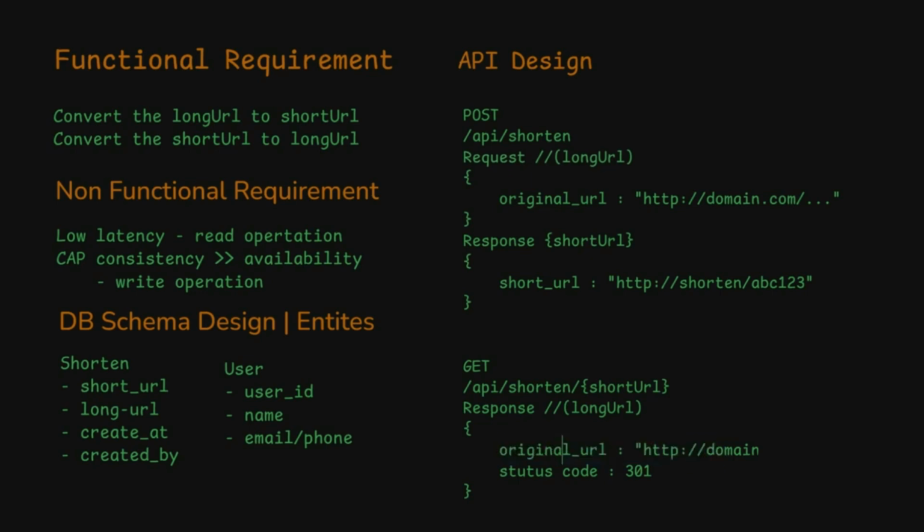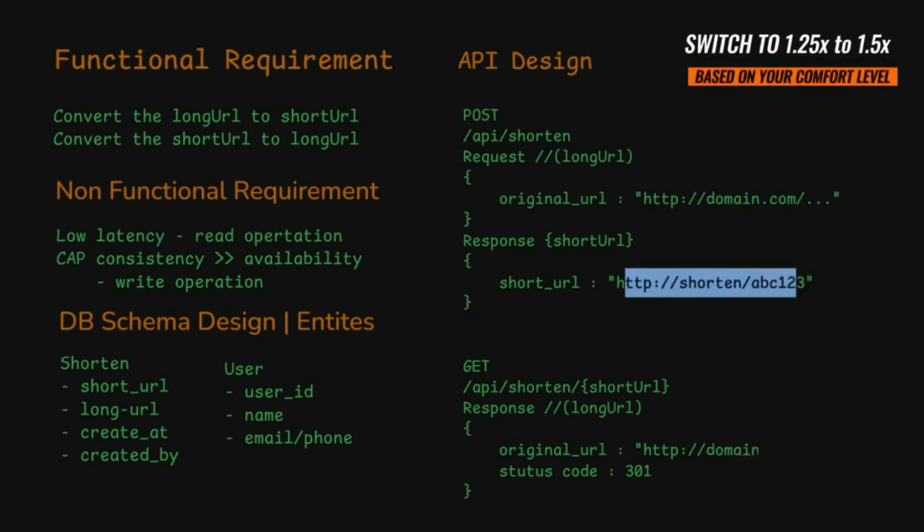So when the customer clicks on this link, ultimately their request would be redirected to the original URL. With that, the customer need not get into that level of abstraction of how the short URL and long URL conversions are happening. Customers just know about the short URL and they will be able to browse through the actual URL, which is the core functionality of the system that we wanted to achieve.